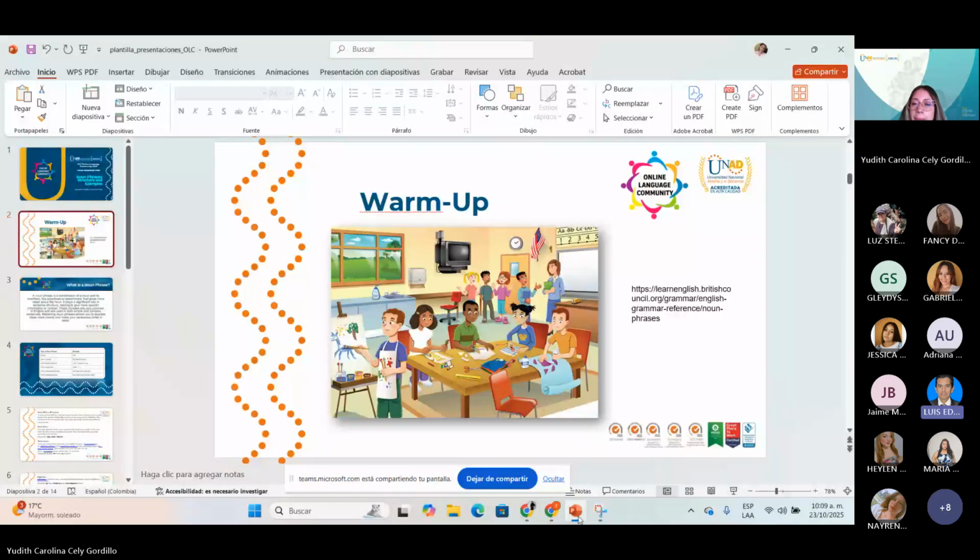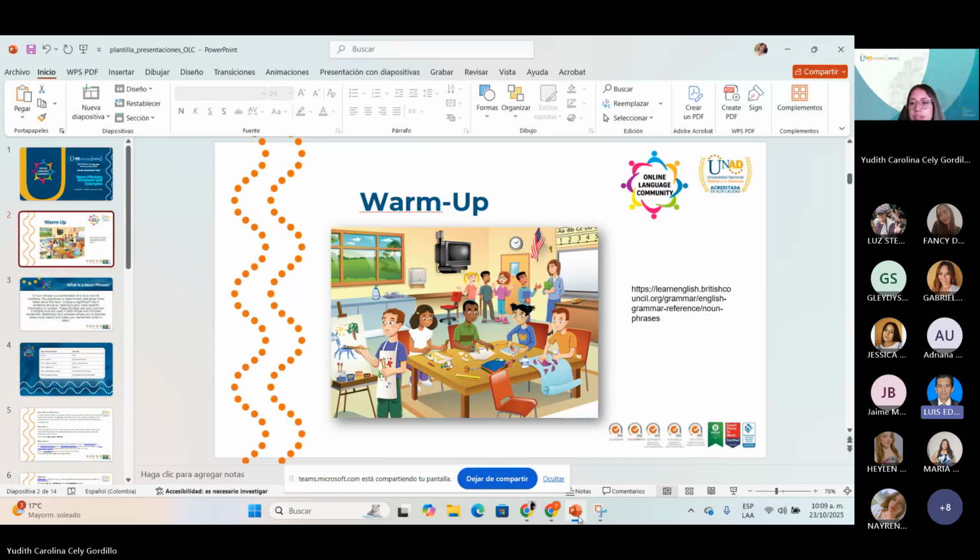In this picture, I think there are some groups doing or making a project because four of them are sitting at the table, at the desk, and the other four are next to the teacher, maybe asking something or taking a decision about their project.